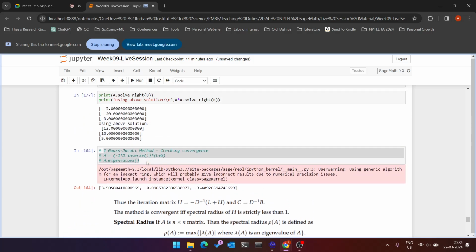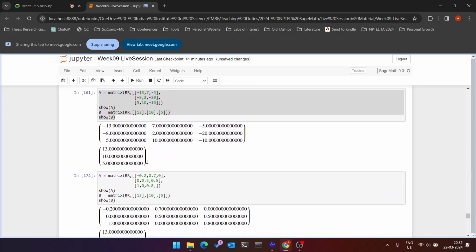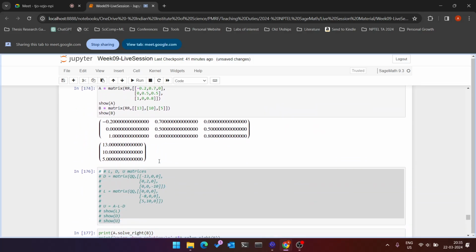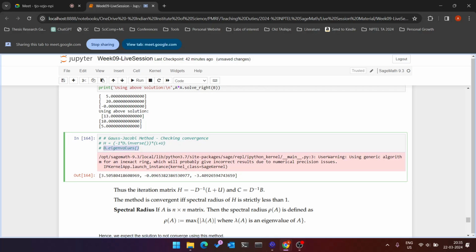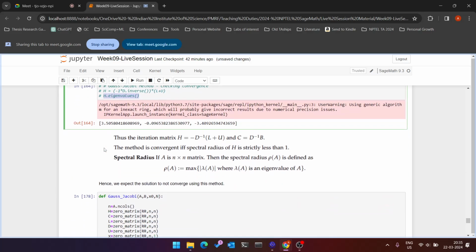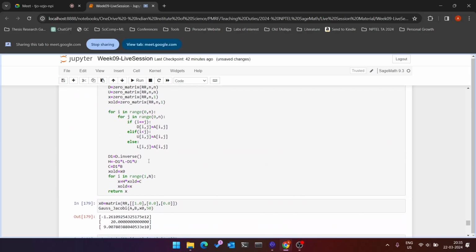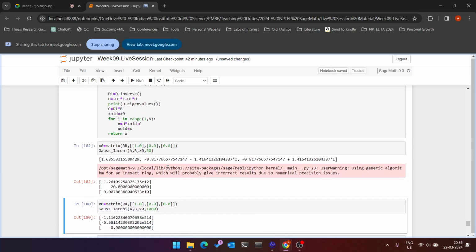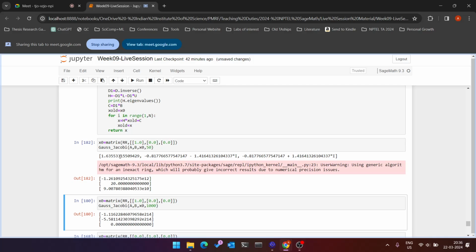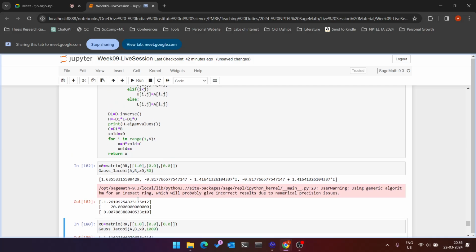So again, it seems like this random changing of the terms of the A matrix did not lead me to a nice solution. If I print H dot eigenvalues here in the algorithm itself, I see that there is a value greater than 1.